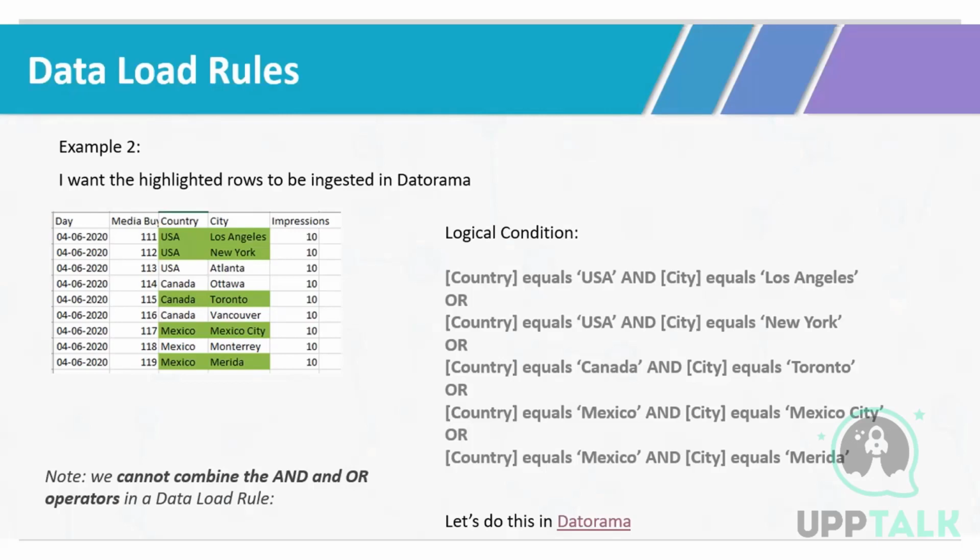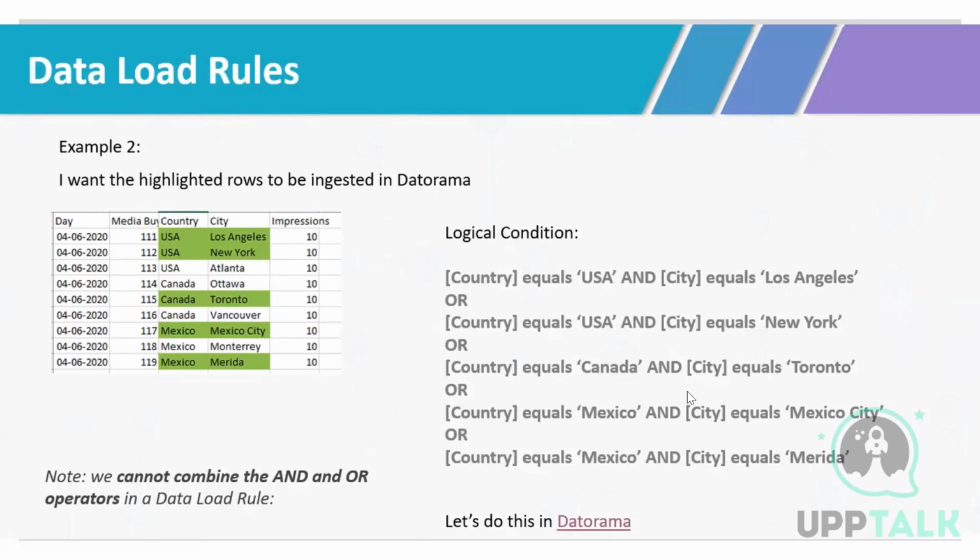So when the next rule comes up, where country equals Mexico and city is Merida, you don't have any data left, because the first data load rule has filtered everything else out. So you cannot do multiple data load rules.